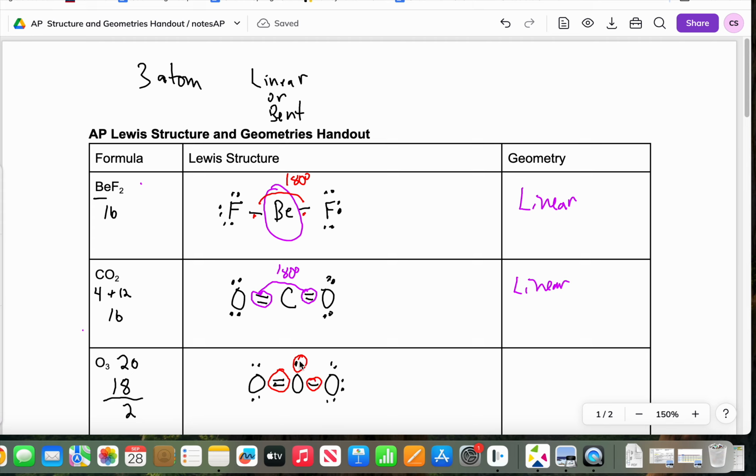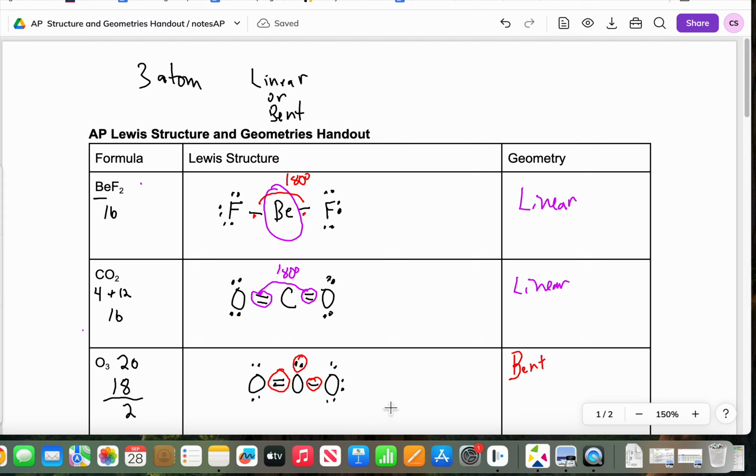So you have three electron pairs, or three electron domains, that really want to be as far apart from each other as possible. When you have three things that want to be as far apart as possible, that ends up being what's called a bent geometry. It's going to be bent, but you should probably know the angle.